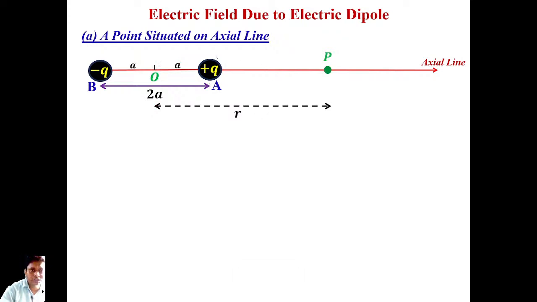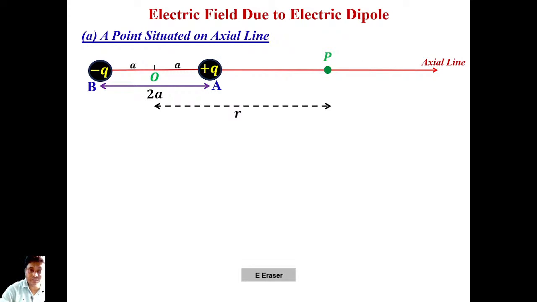Now due to the positive charge, what will be the direction of the electric field intensity? If we place a unit positive charge here, then it will be repelled along this direction. That means due to the positive charge plus q, which is at A, the electric field intensity direction will be this direction.